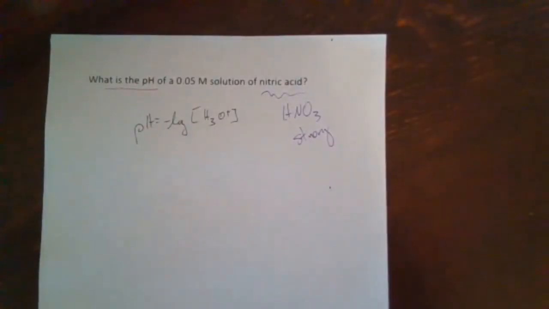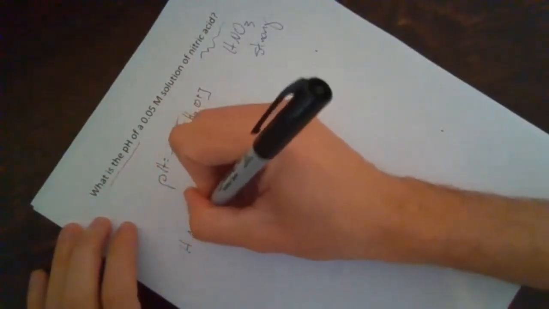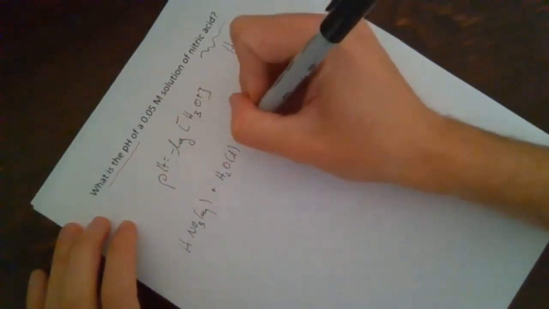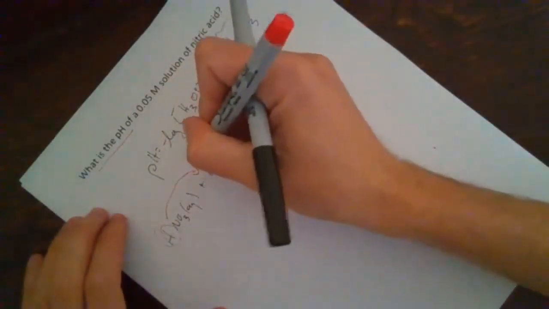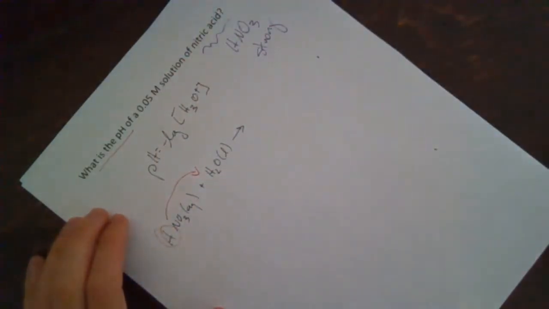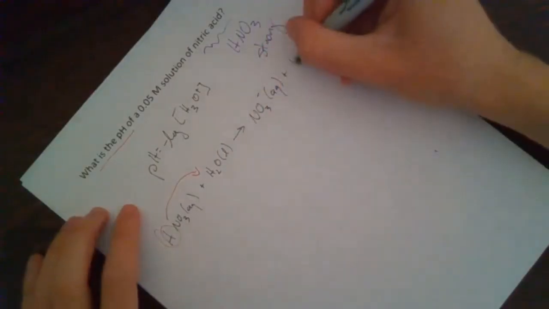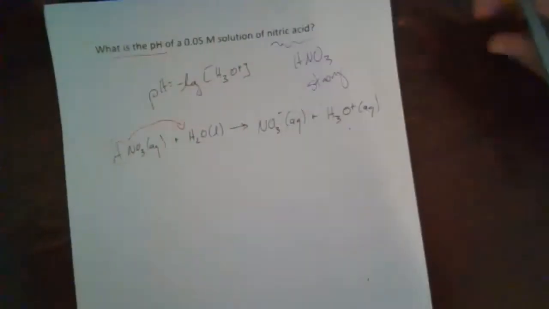What it means for nitric acid to be strong is that when I have this reaction, HNO3 aqueous dissolves in water. It reacts with water as an acid, meaning it donates this H over here to the water, becoming NO3 minus aqueous plus H3O plus aqueous.